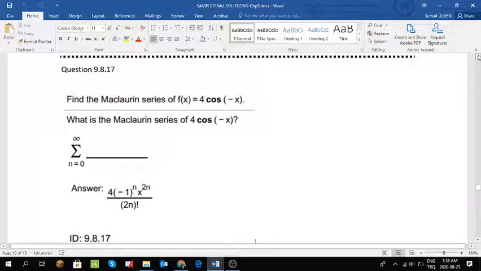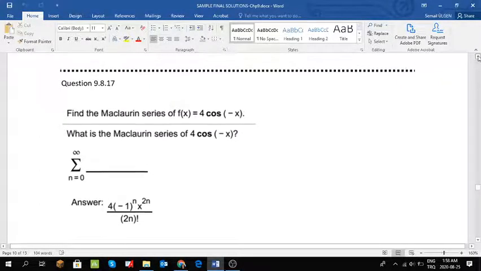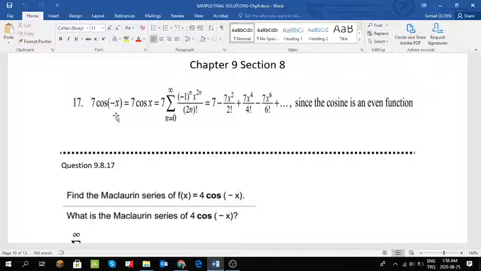Find the Maclaurin series of f of x equals 4 cosine negative x. That's the question, and the answer is given here. I'm going to show you the solution of something where f is equal to 7 times cosine negative x. They agree except for the number in the front. We know that cosine is an even function, so cosine negative x is the same as cosine x.